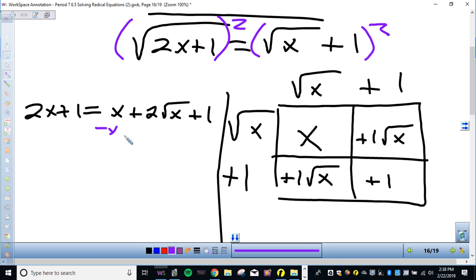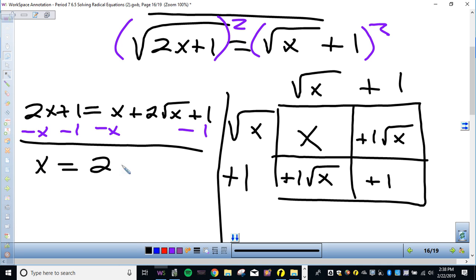So if we subtract x and 1 from both sides, then we end up with x equals 2 square root of x. At this point, you could divide by 2, but it's easier if you just square both sides. It'll still work out if you don't do that, but it's easier this way.